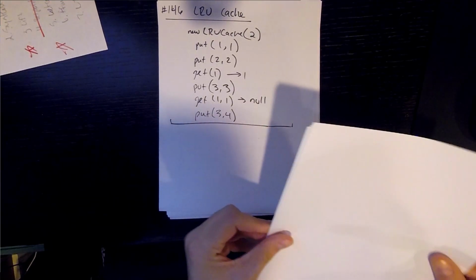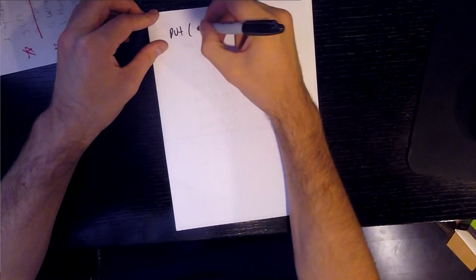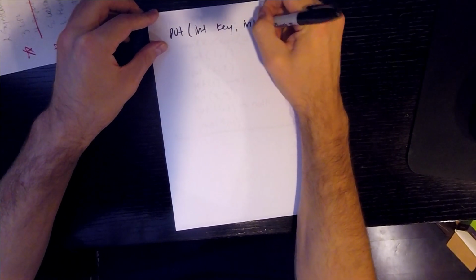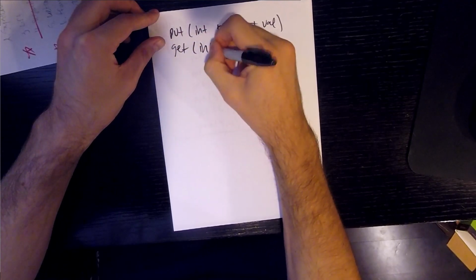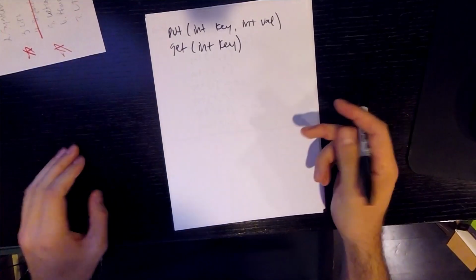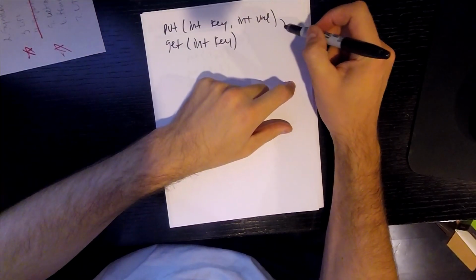Anyway, what do we need? We're going to have put, with an int key and int val, and also get. These are the functions we're implementing, both in O of 1 time.